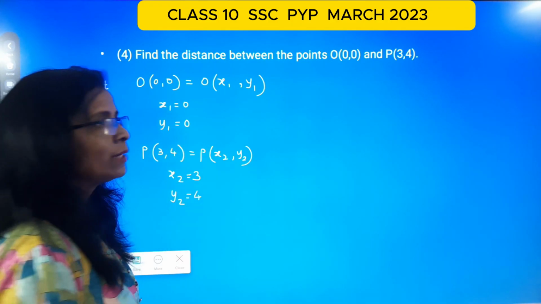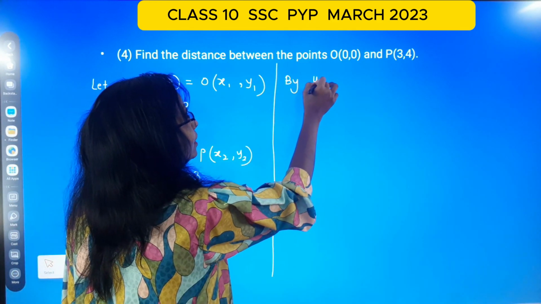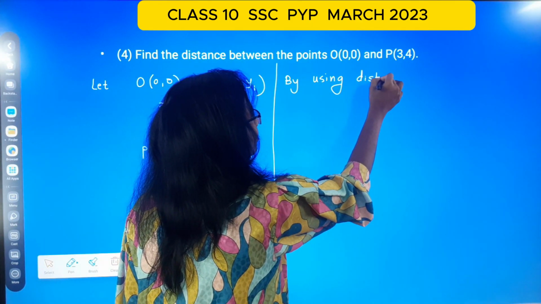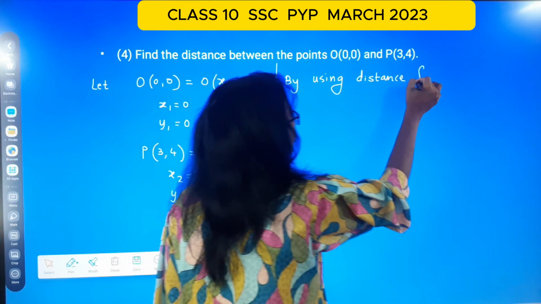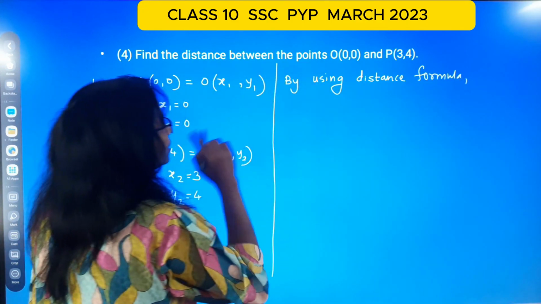Now, by using the distance formula. What is the distance formula?